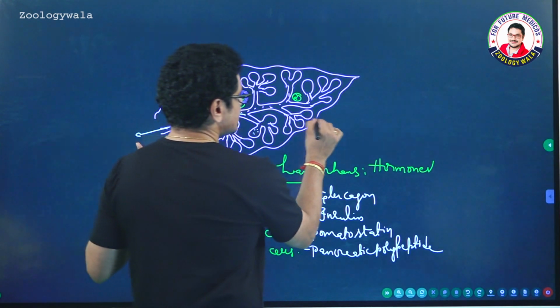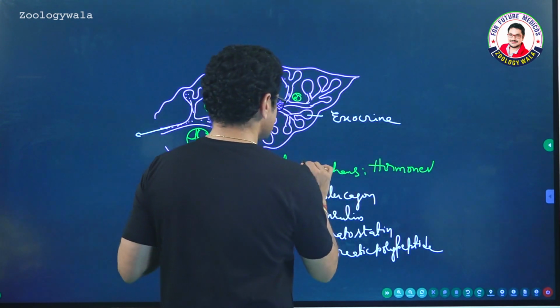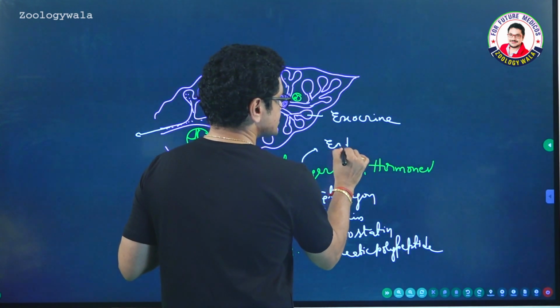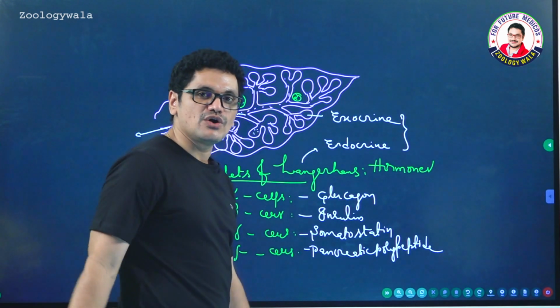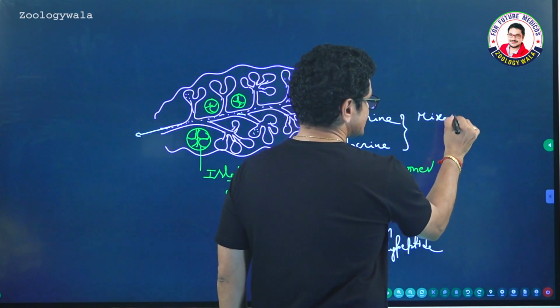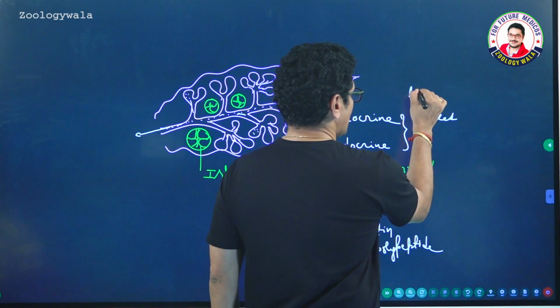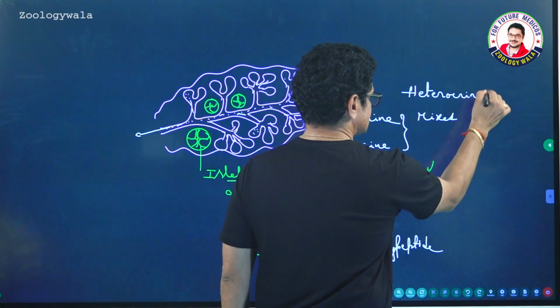These acini come under the exocrine part of the pancreas, and these islets of Langerhans come under the endocrine part of the pancreas. Both exocrine and endocrine secretions are produced by the pancreas. That is the reason why the pancreas is called a mixed gland, compound gland, or heterocrine gland.